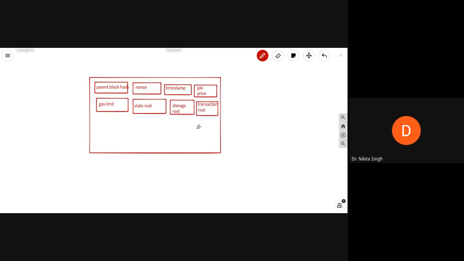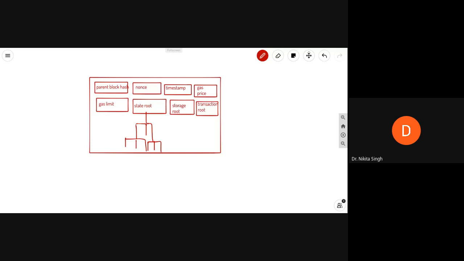We have already seen that you are creating a Merkle Patricia tree for a state root. Similarly, you are creating a Merkle-Patricia tree for a storage root and transaction root. Bitcoin had just one. Here we have three. One for state, one for storage, and one for transactions.